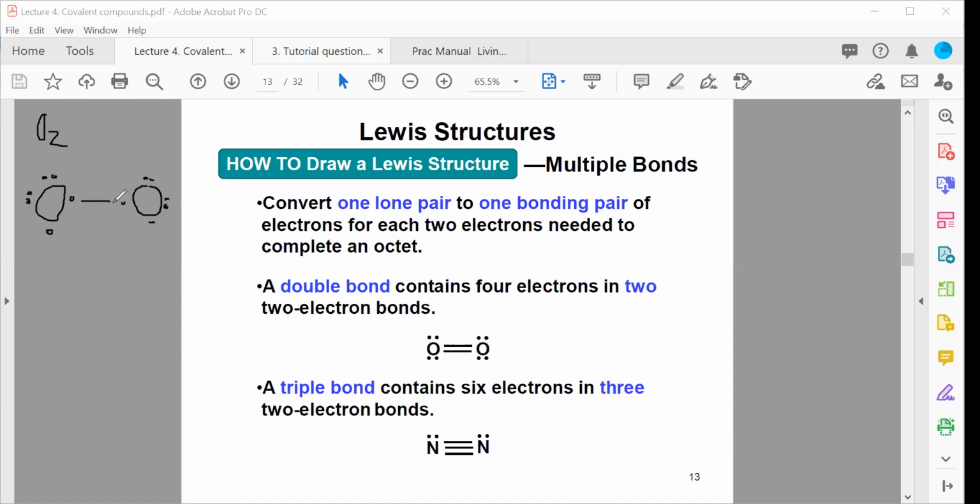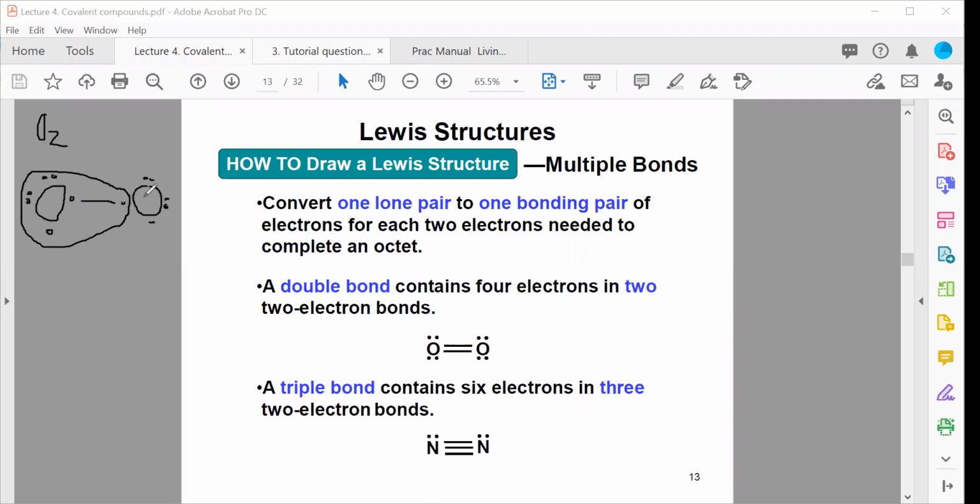Let's just draw a single covalent bond between those 2 oxygens. Why is that wrong? What's the problem with a single? That's right, there's no octet. If we look at this oxygen to the left, it is surrounded by how many electrons? 2, 4, 6, only 7.